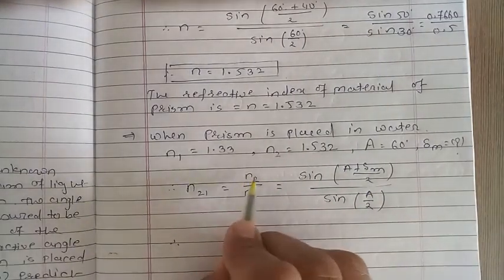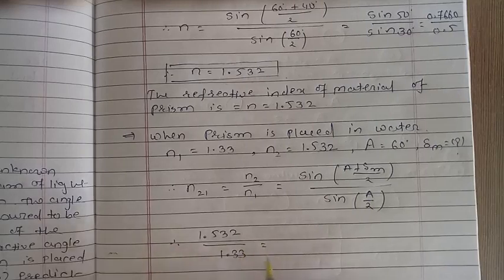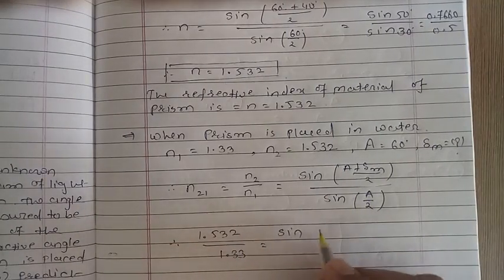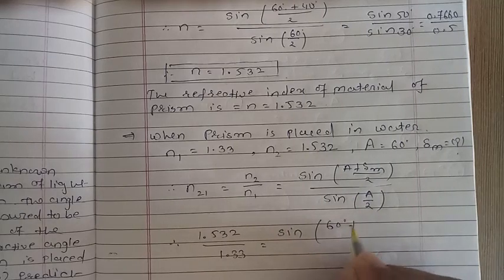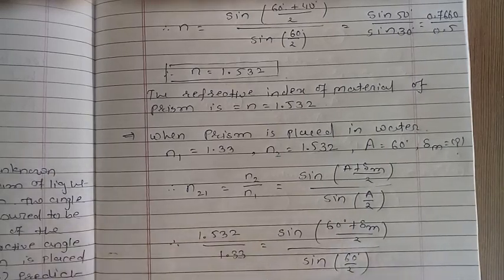We know the value of n2, 1.532, upon n1 water 1.33. Sin value of A, prism angle, is 60, plus del m by 2 upon sin(A/2), so 60 by 2.